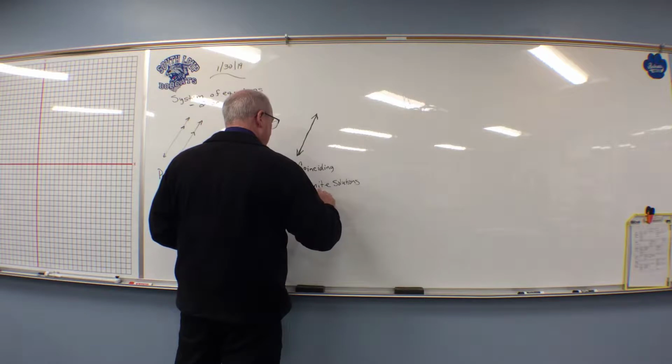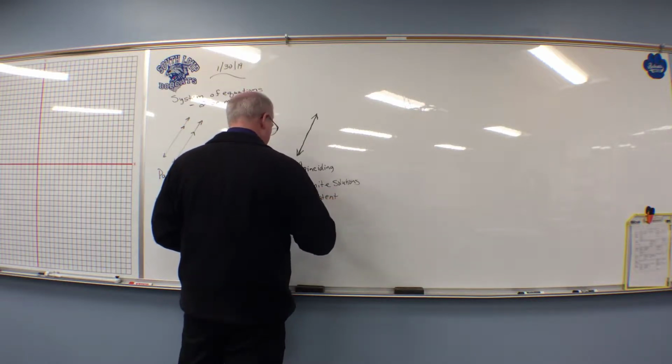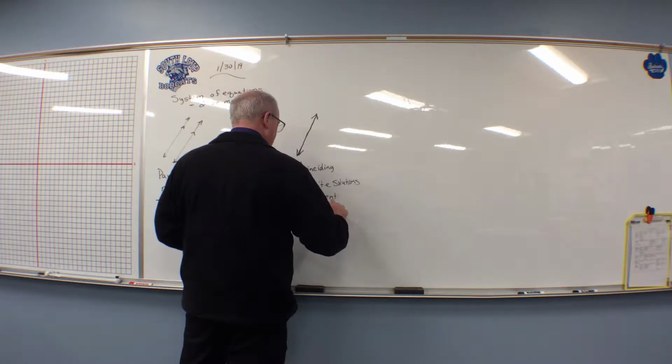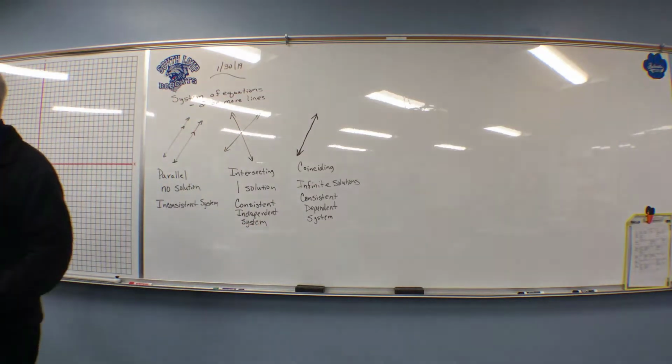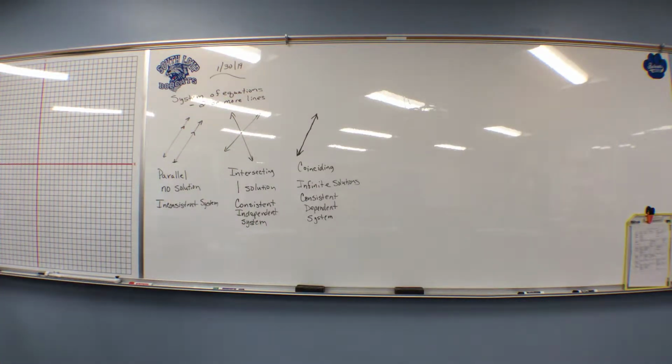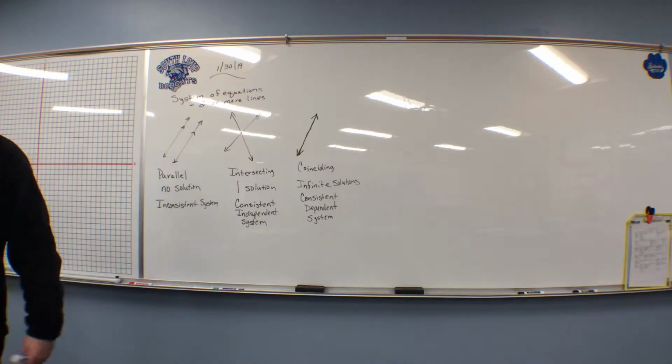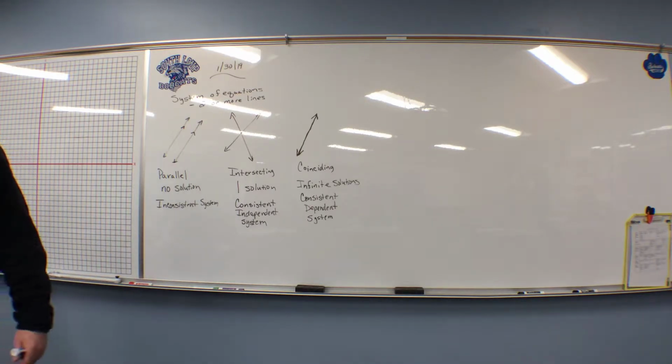What do you think? Dependent. The reason it's dependent is one line lies on top of the other one. That means dependent. If you're dependent on your parents, that means that you need them, right? One needs the other one.